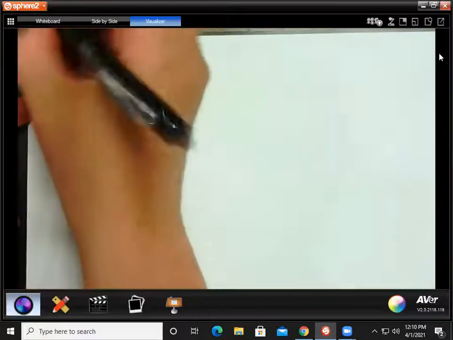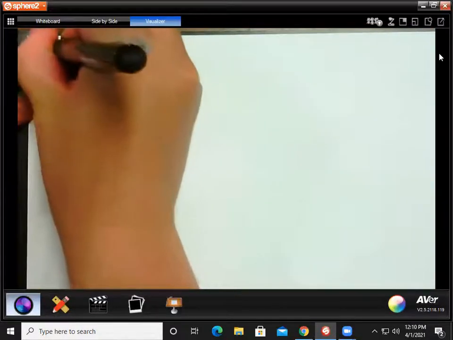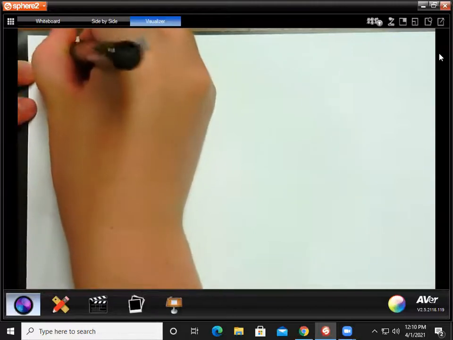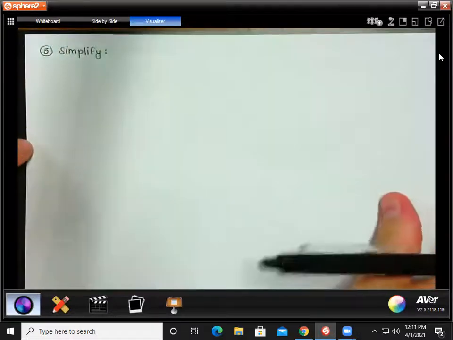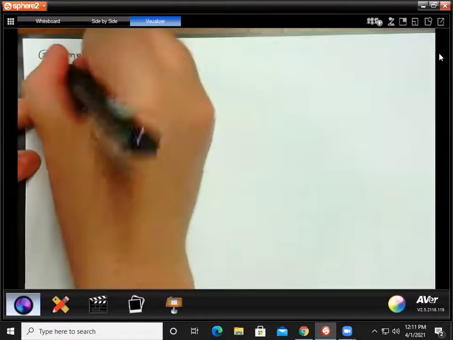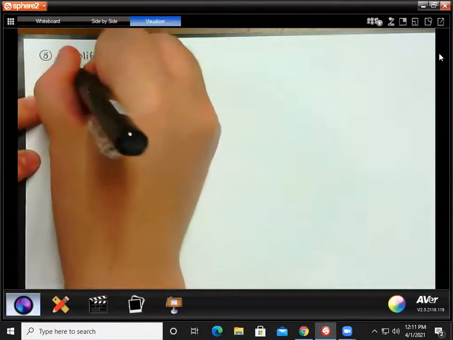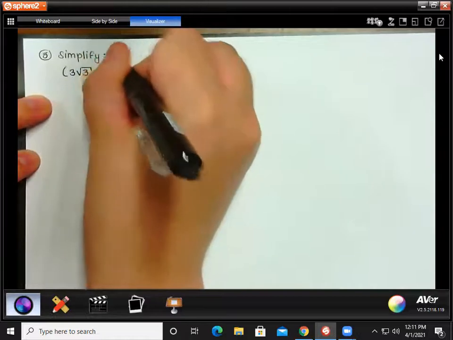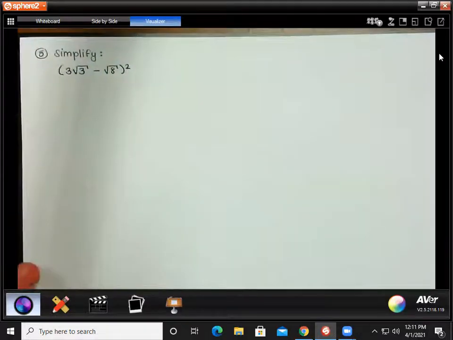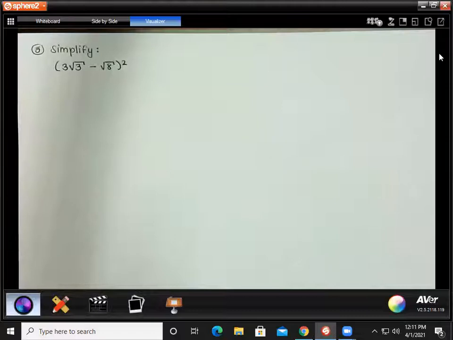This is number 5. Okay, 3 root 3 minus root 8, and that is all squared, that bracket.